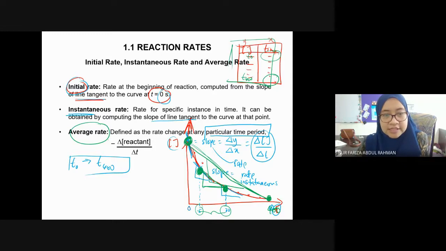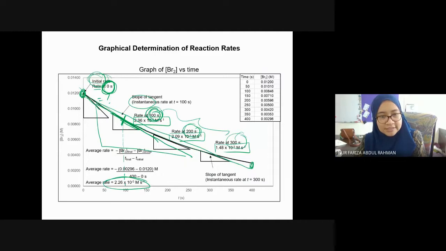Okay, so the reason kita ada negative kat sini, like I said, because the reactant tadi kan, that's why we have the negative there. And then, as you can see, because of this negative, you akan dapat the final answer will be positive. Because bila ni tolak, sini value dia dah negatif, betul tak? Sebab yang kecil tolak yang besar. You patut dapat negatif. Okay?